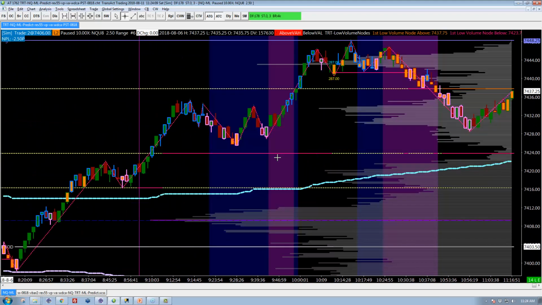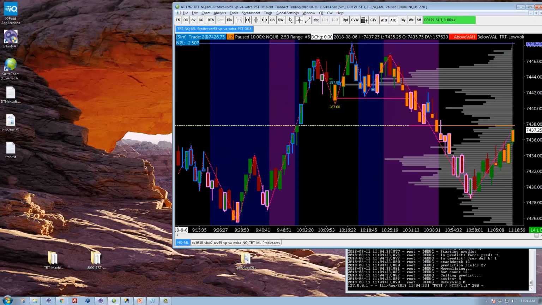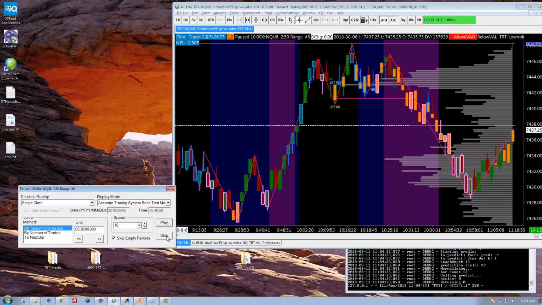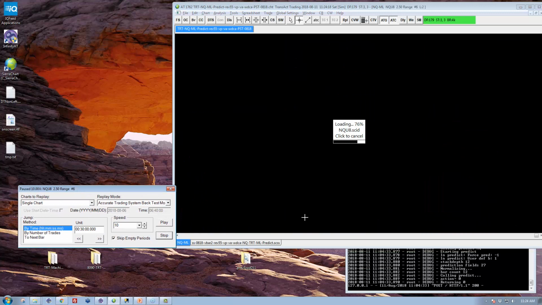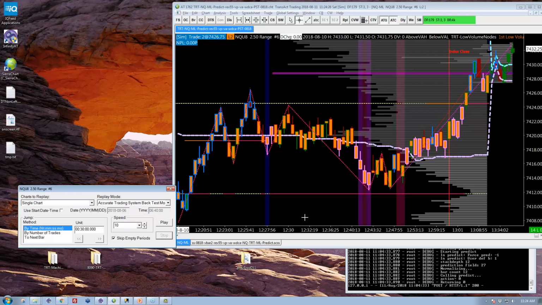Okay, this is in the middle of a replay, so let me turn that off. One of the problems with this is that the replays take an agonizingly long time to complete now. The volume profile itself adds a fair amount of processing.